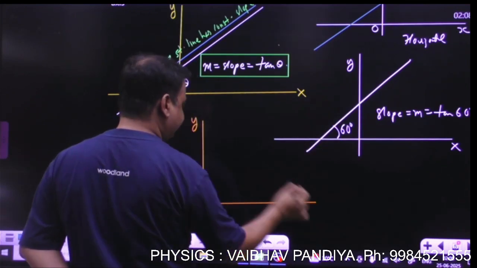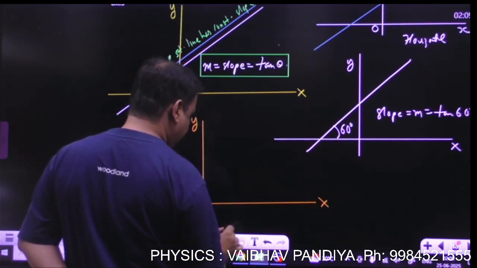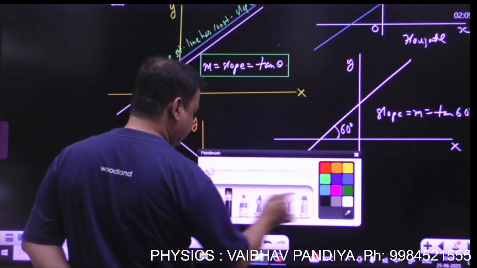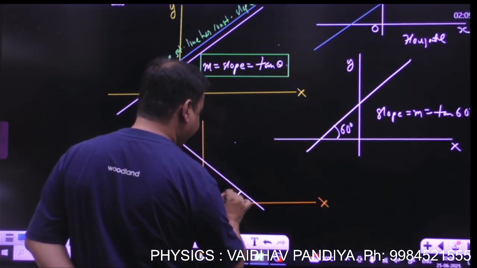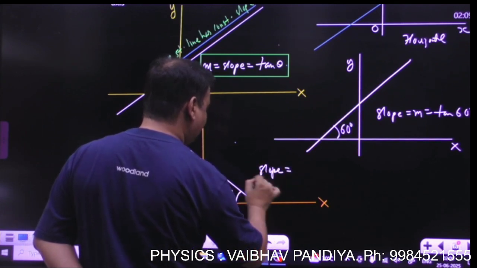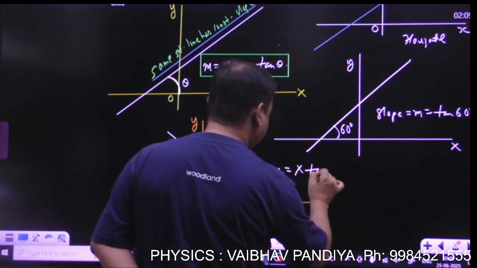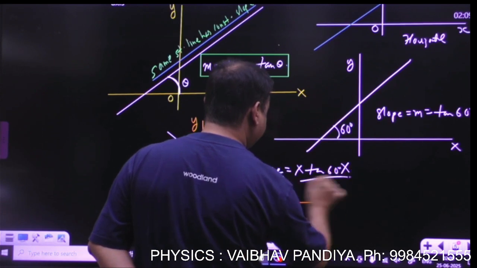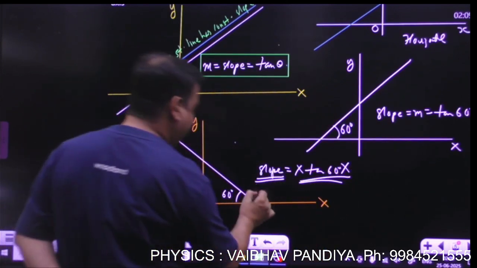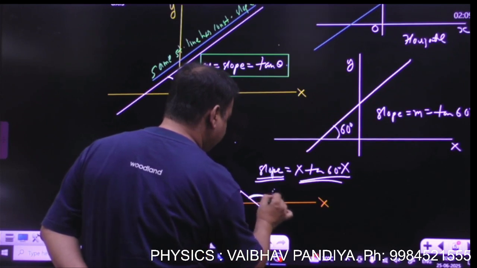Now the line is making an obtuse angle with the x axis. Suppose this is the y axis, this is the x axis, and this is the line, and this angle is 120, or say this other angle is 60 degrees. So the slope will not be tan 60 degrees. Never make this mistake, because we have to take the angle with the positive side of the x axis. So this angle will determine the slope.